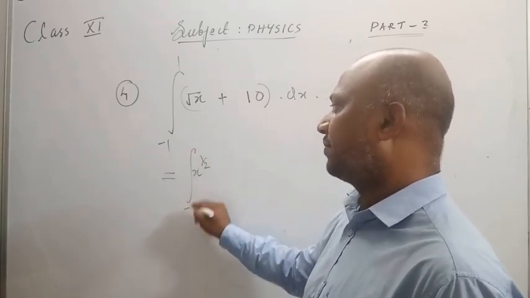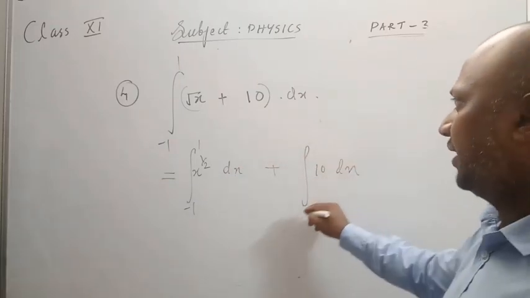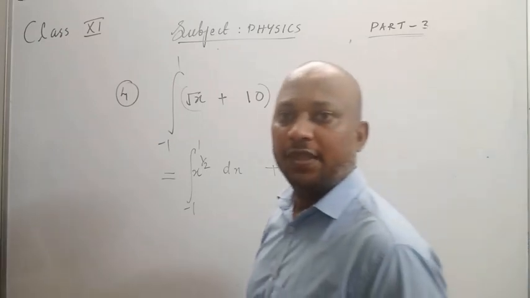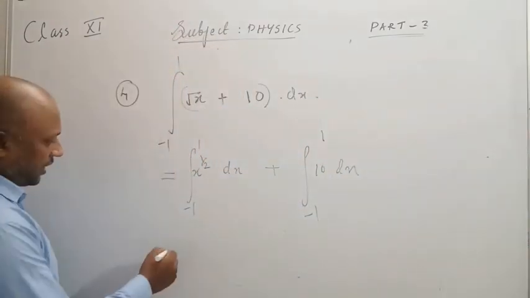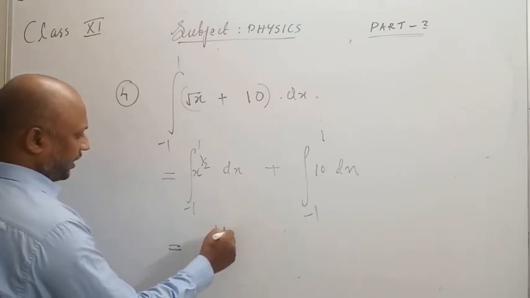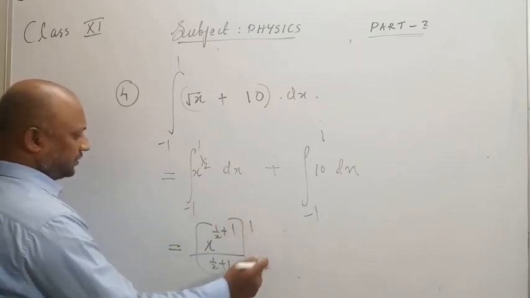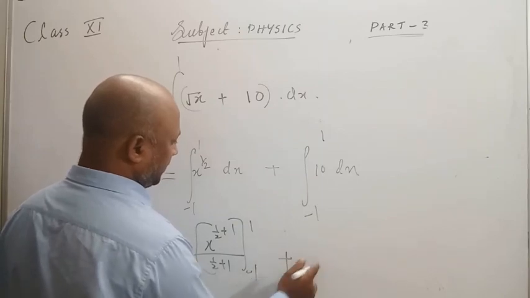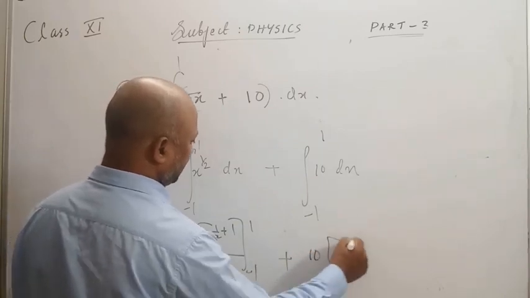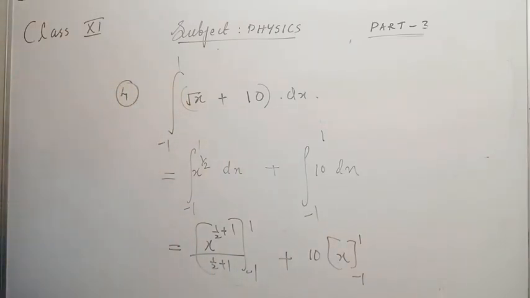I'm going to integrate it separately because there is a plus here, along with the integration of 10 dx from minus 1 to 1. So x raised to n becomes x to the power n plus 1 divided by n plus 1, from minus 1 to 1, and 10 x from minus 1 to 1. And we can go for the calculation of this question. Integration is already over anyway, but we can calculate this.